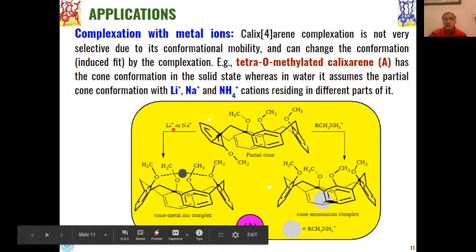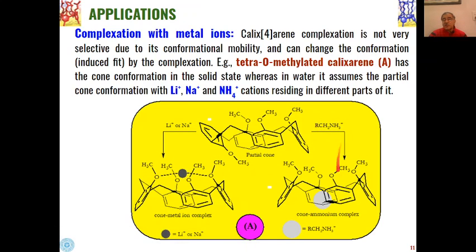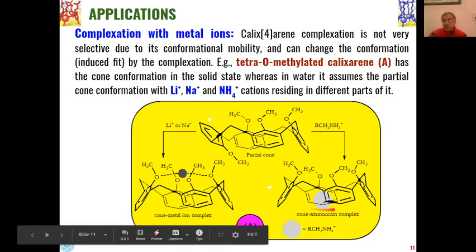For example, if we are having lithium or sodium, this will bind to the O-methylated part of the ring, whereas if we are to bind these ammonium derivatives, then they will form a cone ammonium complex in the aromatic region of the calixarene.